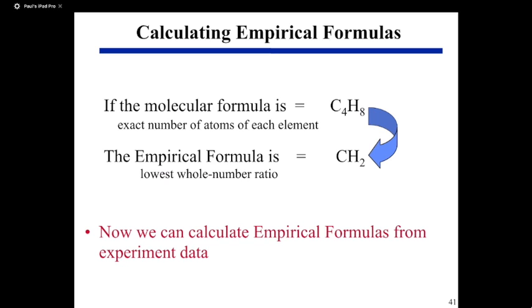Now, do you think I'm going to give you problems like that? No, that's too easy. We're going to do some experimental data to get this. Now, here's the reason why. When I synthesized a new compound in the organic synthesis lab when I was in graduate school, I believed that I made a new compound, but what I needed to do was actually calculate its empirical formula.